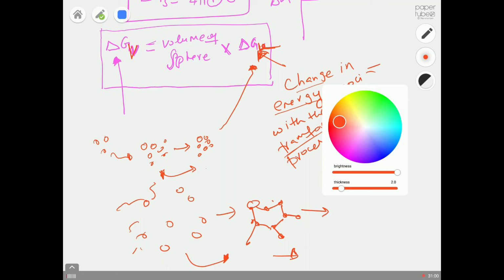If you make it into solid, they are intact, completely arresting the movement, so this energy will be even less. It will lose some energy.